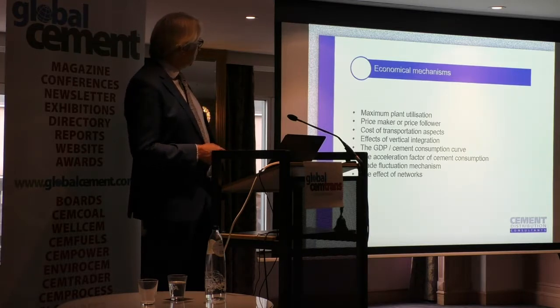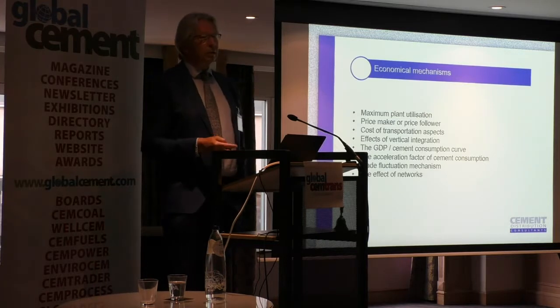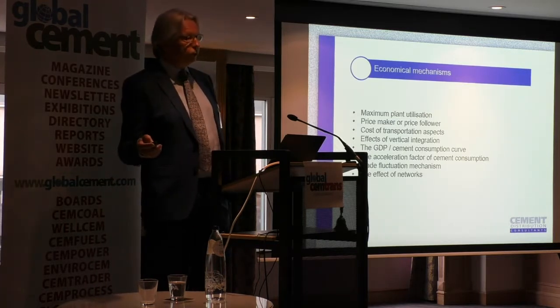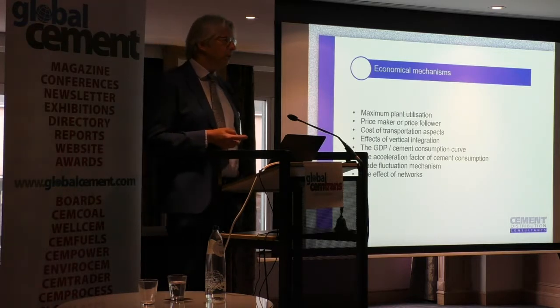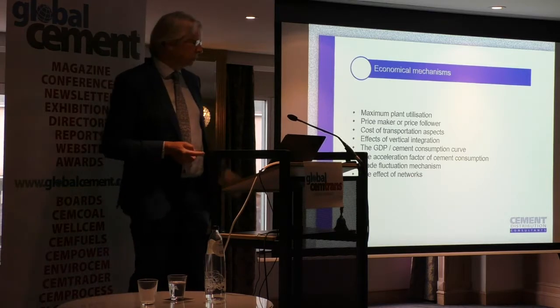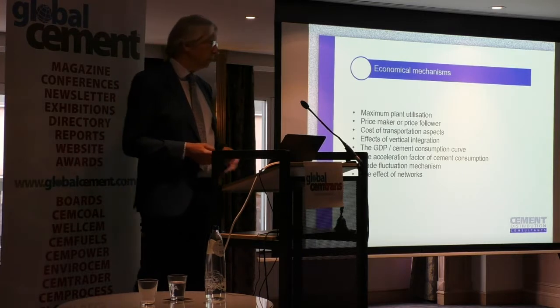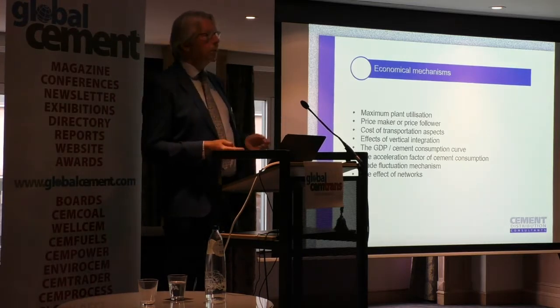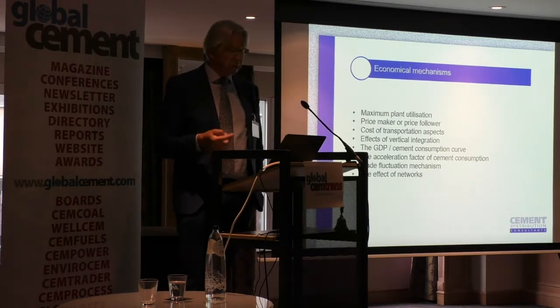I'll discuss with you a number of economical mechanisms behind this, which show that although the trade and distribution might just be, let's say, 220, 230 million ton per year, it actually affects the production capabilities of cement plants up to a figure between 800 million and 1 billion ton of cement. It affects the production costs, and that's what really matters.